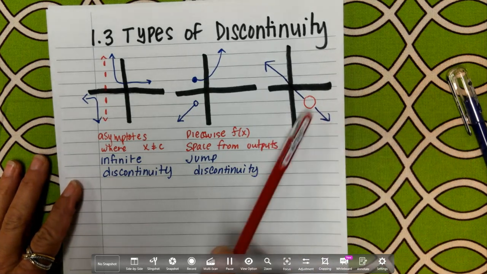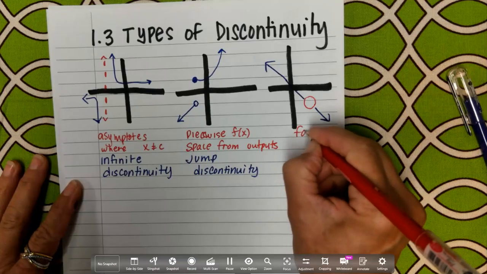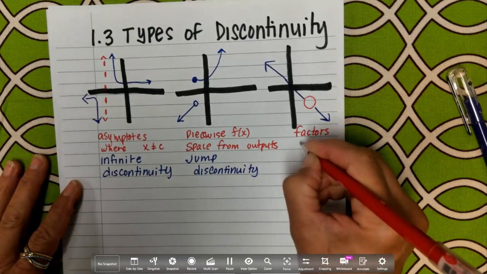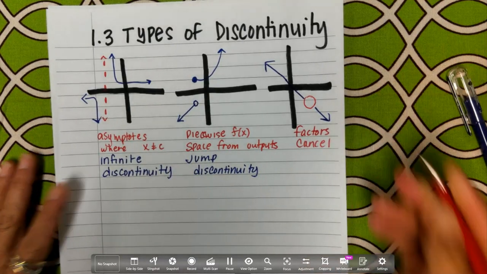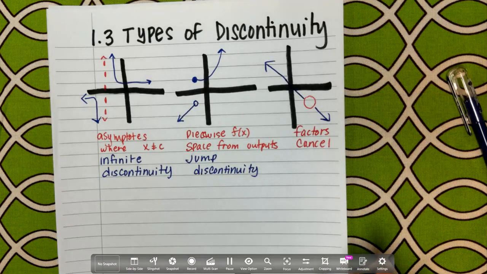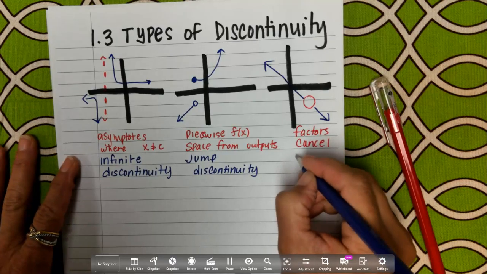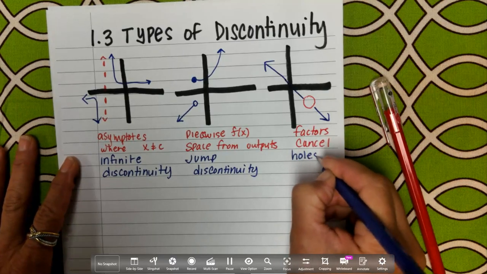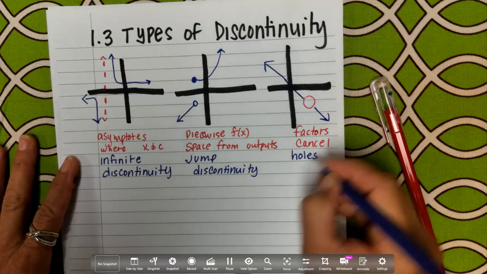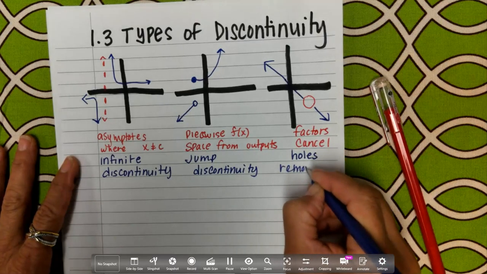So this is caused when factors cancel. And when I say they cancel, I'm talking about a numerator and a denominator type situation. And these are usually called holes, and they are called removable.